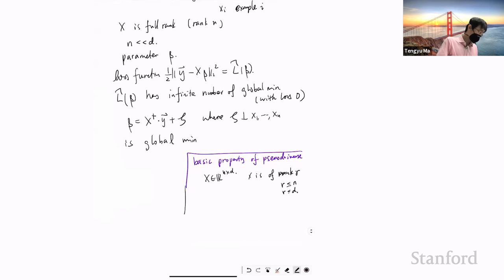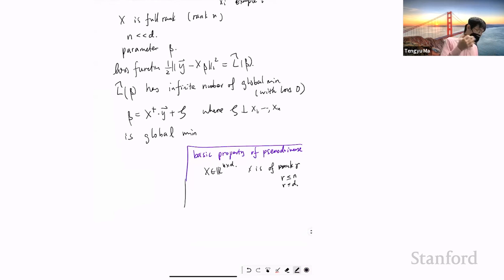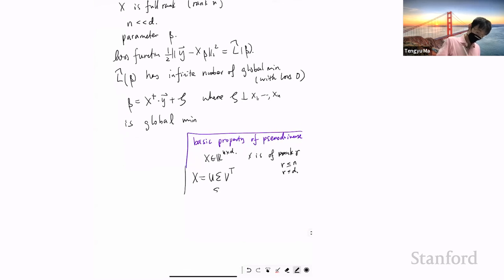So the way I remember every property of the pseudo inverse is the following. I consider the SVD of X, which is U sigma V transpose, where sigma is of dimension r by r, ignoring all the zero entries, U is of dimension n by r, and V is of dimension d by r.